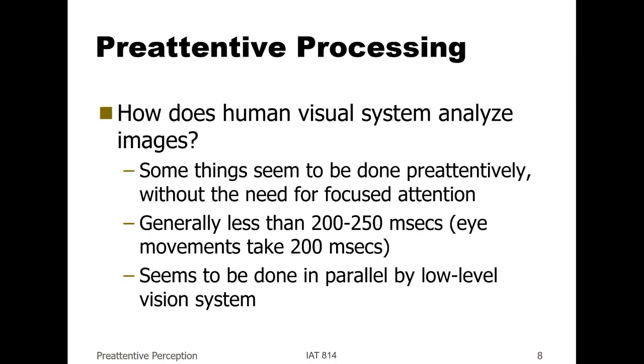And I'll show you a little experimental apparatus a little later on that indicates that each of us can do these things very, very rapidly. By rapidly, once again, we mean 200 or so milliseconds, or 1/5 to 1/4 of a second, and it seems to be done by this low-level parallel vision system, stage 1.